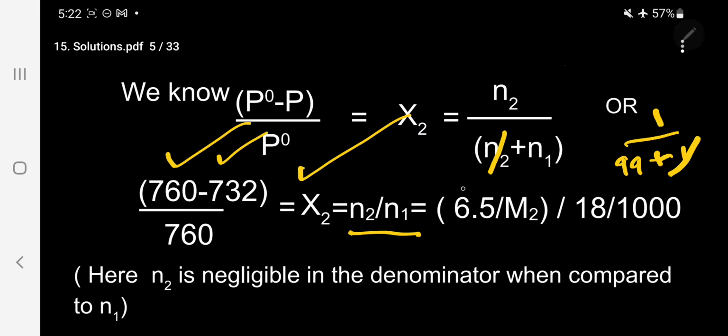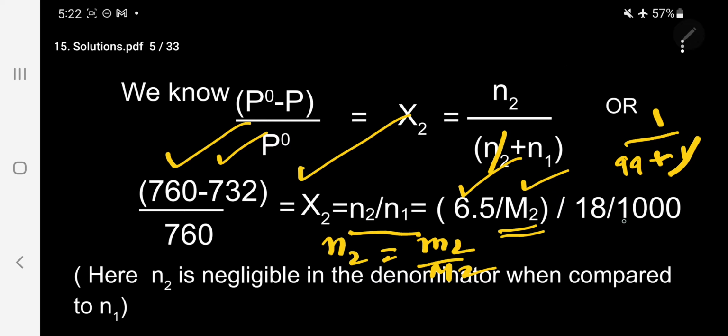The value 6.5 is given in the problem, and we have to determine the molecular weight M2 of the solute. What is n2? n2 equal to small m2 by capital M2. This is the definition. Based on the 6.5 given, we have to find out M2.